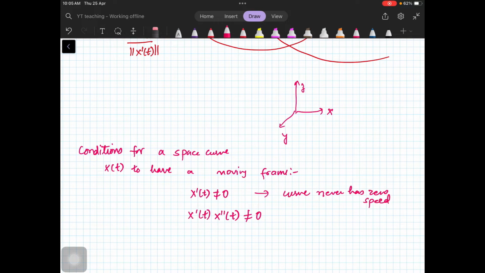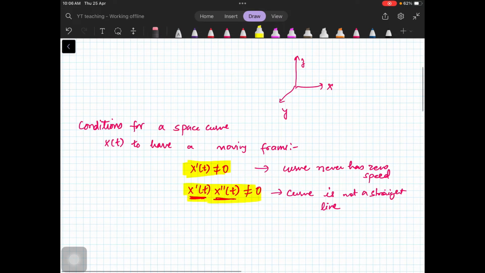The second tells you that, because x prime is already non-zero, x double prime must not be parallel to it. When is this violated? If the curve is a straight line. So if you have a straight line, you don't have a moving frame. These are the two conditions, and we will see where we are going to use them.